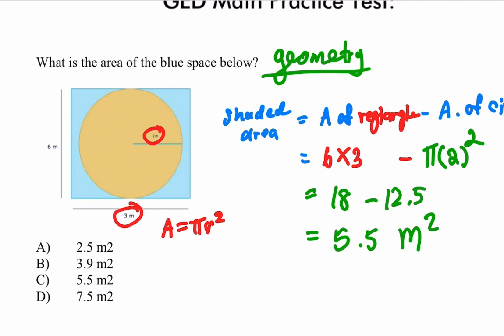If they ask you to find the unit squared, it means they ask you to find the area of that shape. But if they ask for the unit cubed, that means they ask you to find the volume. So the answer of this one is C.